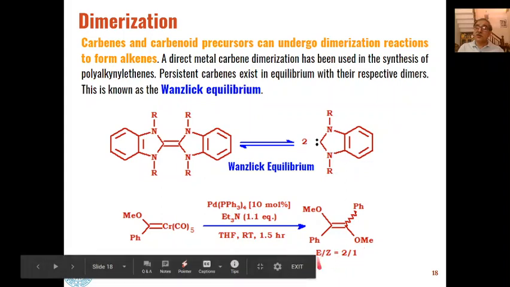If two molecules of E are formed, then one molecule of Z will be formed. So the ratio of formation of both the isomers or geometrical isomers is 2 is to 1.